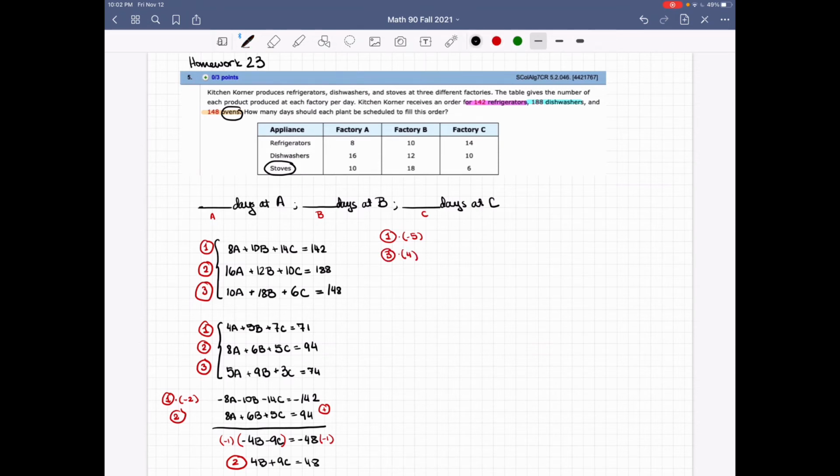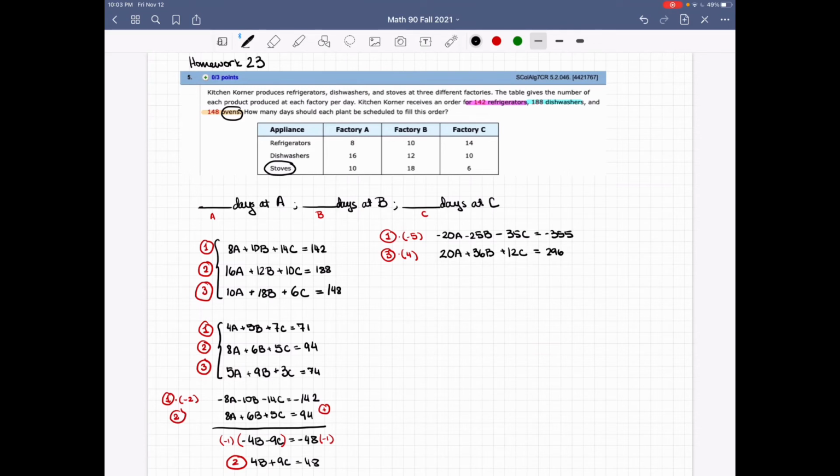That gets me -20a minus 25b minus 35c is equal to -355. And then the third equation times 4, I have 20a plus 36b plus 12c is equal to 296.